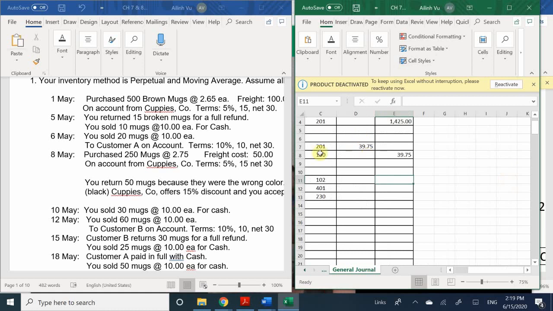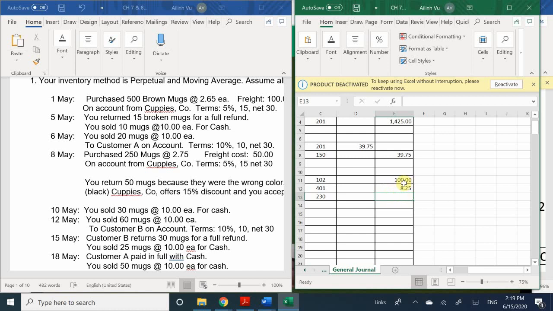Okay, so now, if I sold my cups for $10 each, right? So what is my sales here? $100. Yes, that's correct. 10 times 10 is $100. And then here, what is my sales tax going to be? Times 0.0825. $8.25.